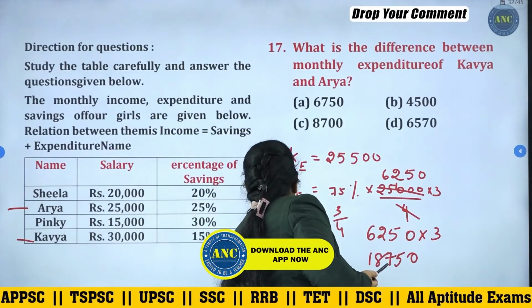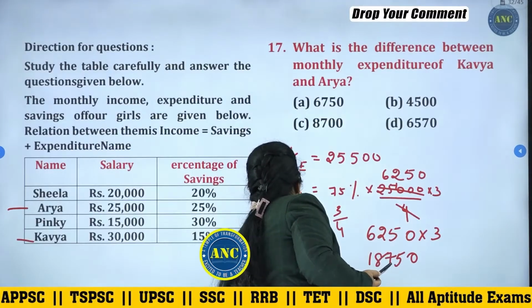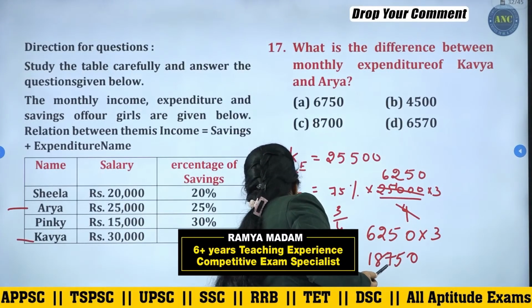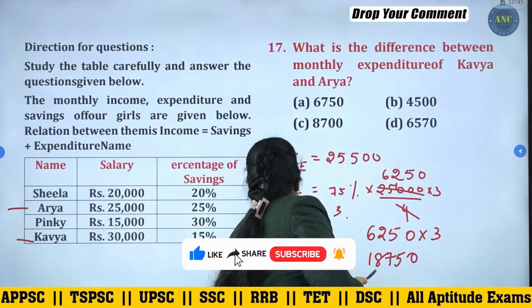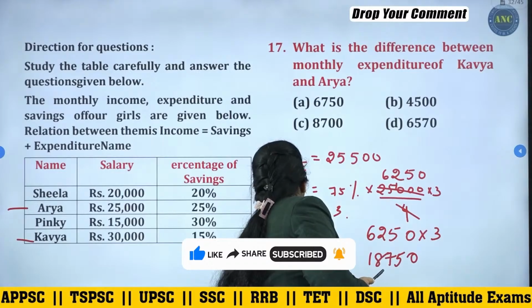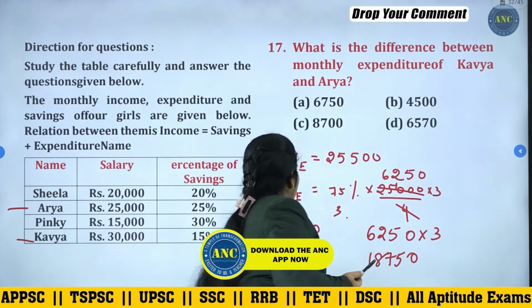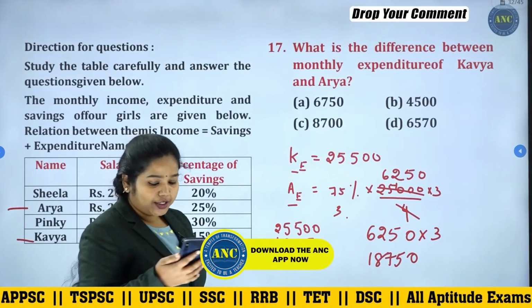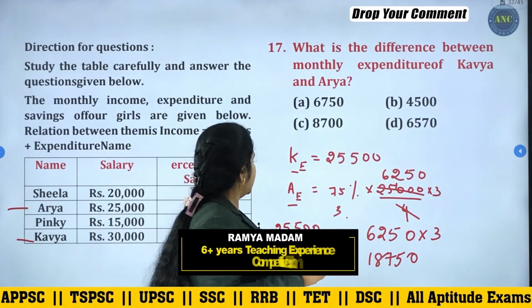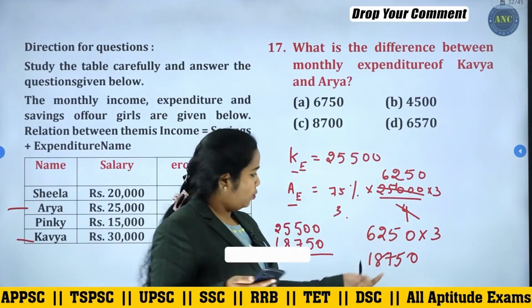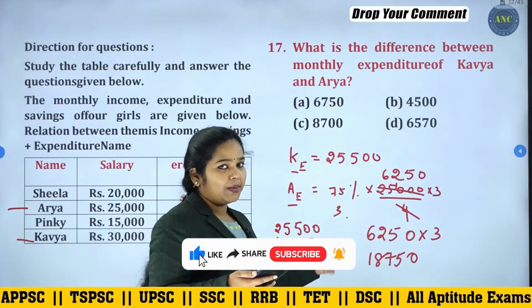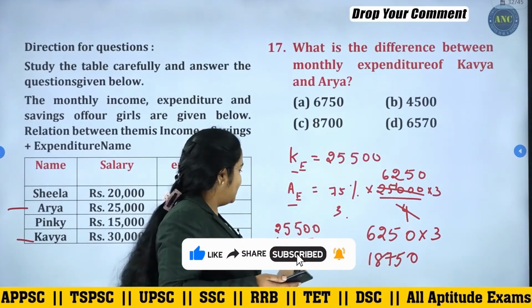So, subtract 25,500 minus 18,750. Yes, do the basic subtraction here. How can you do this? Shall we do this in the method which I told you? 0 minus 5, 5 minus 0 is 5, 10 minus 5 is 5. That's how we do it, no?